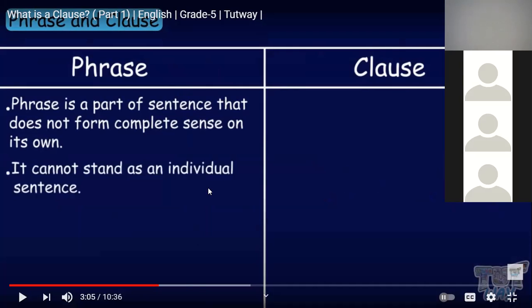Come on. Siraj, could you please start? It cannot stand as an individual sentence. And it does not give us a complete sense.